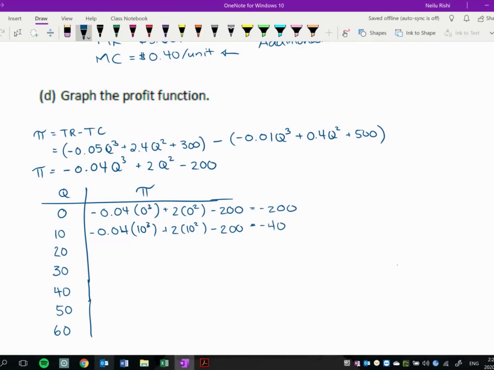For 20, I would get 280. And so forth, I would get 520, 440, negative 200, and negative 1640 for these values.